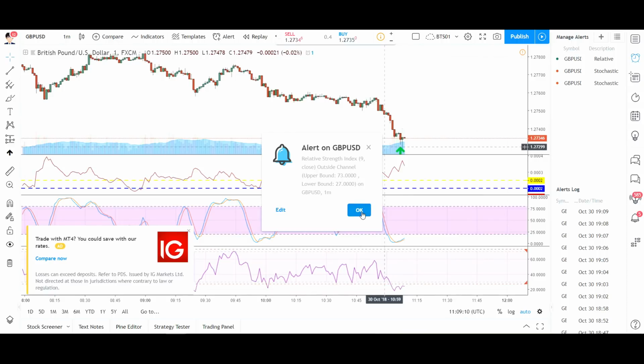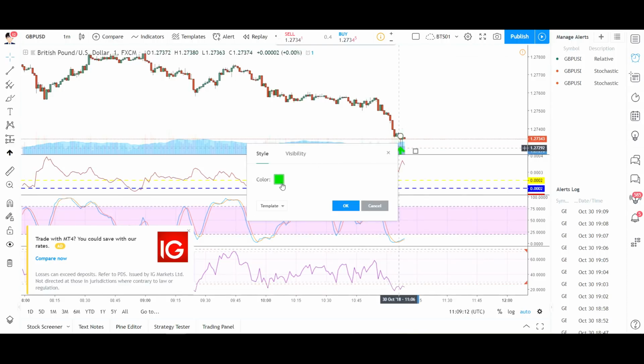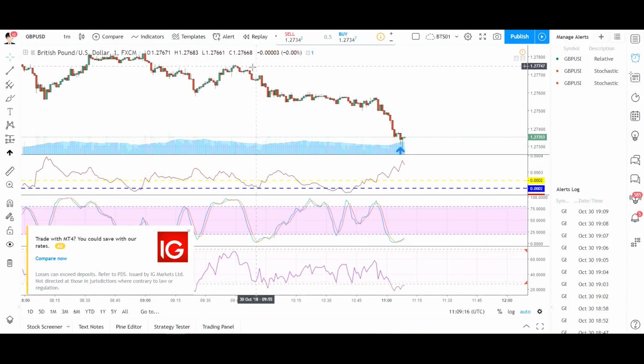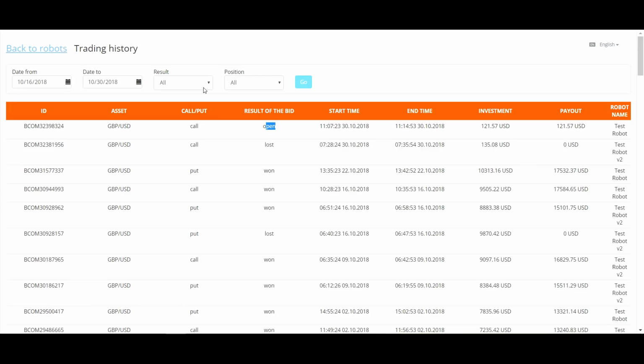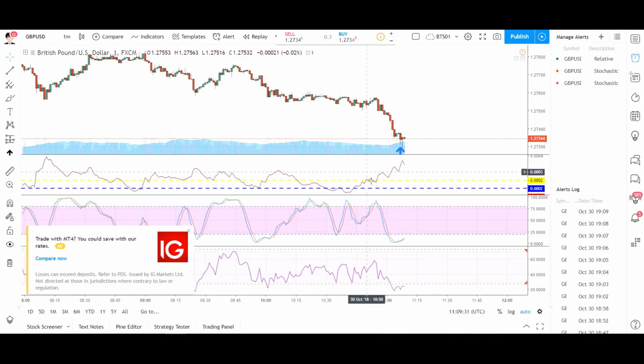Let me turn off the alert. Sorry, wrong color. Okay, I'm going to put it as blue. So we have executed a call trade, and I can turn off the robot right now. We have executed a call trade at 1107, expiring at 1114, and let's hope for the best.